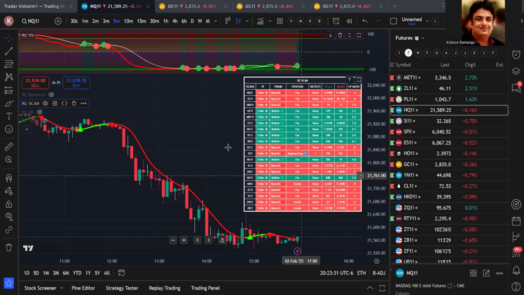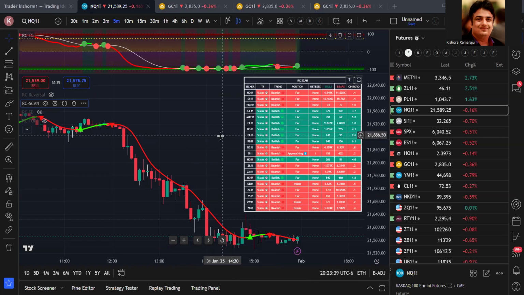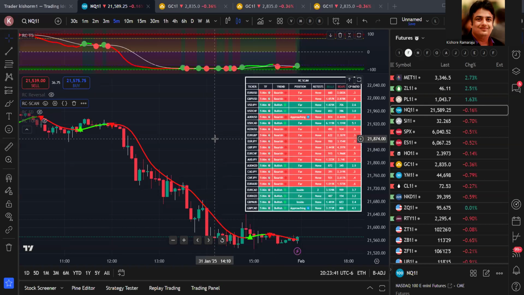So this is another great tool. For example, if I want to check for forex, I select forex, and then it will tell me that for euro USD, there are too many sellers, less number of buyers. For CAD JPY, there are too many sellers, very few buyers.